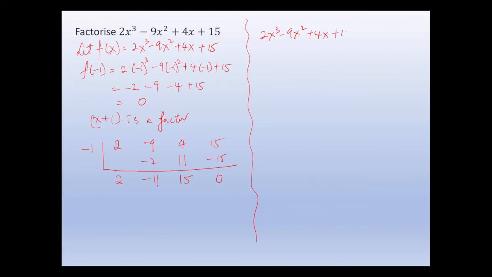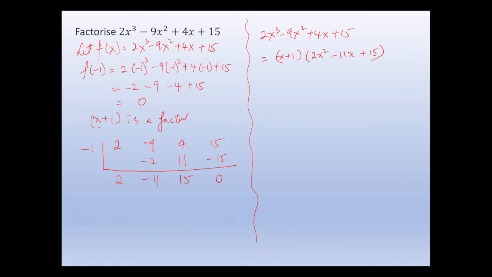Therefore, this is 0. So, we know that 2x cubed minus 9x squared plus 4x plus 15 is equal to x plus 1 times 2x squared minus 11x plus 15. Alright.